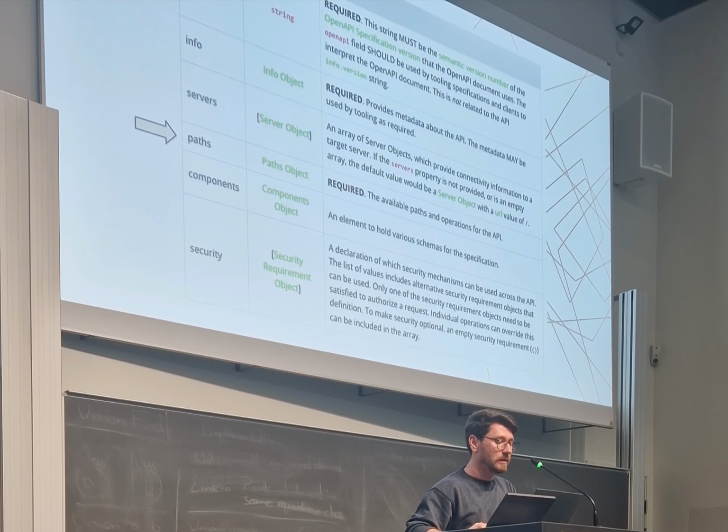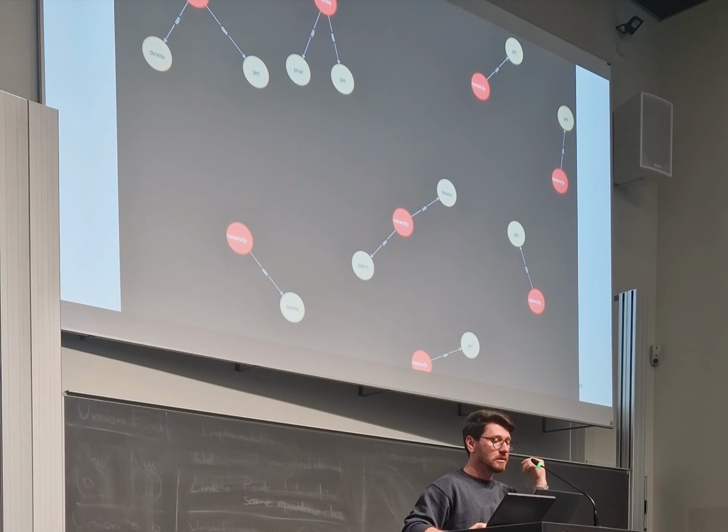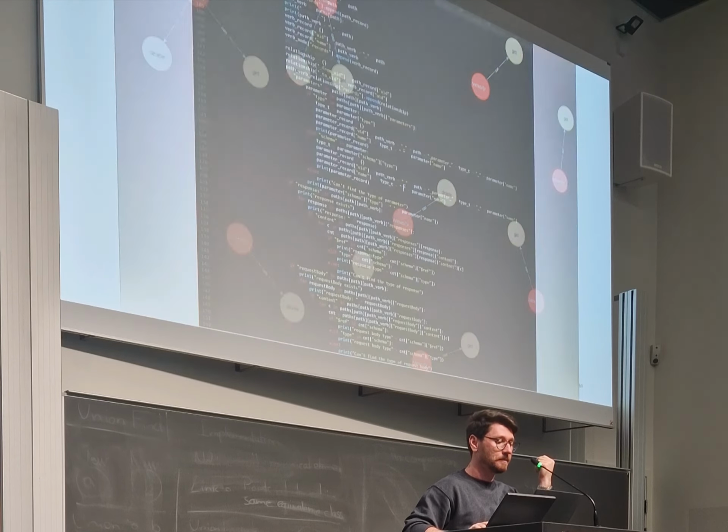Once I finished with the objects, I started to look into the paths part. The paths part, as I mentioned, contains the endpoints. So the endpoints would be /views, /users, and contain post and get requests. Similarly to what I did with the objects, I started to do the same thing with the endpoints. So it started to look like endpoints are connected with different methods.